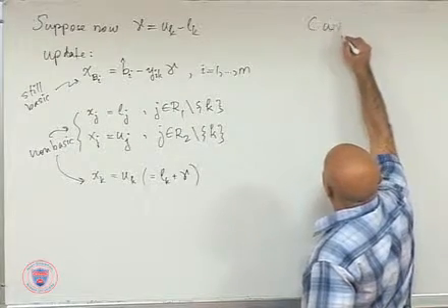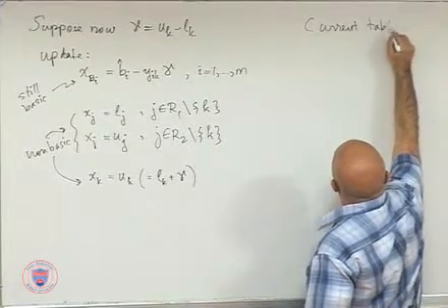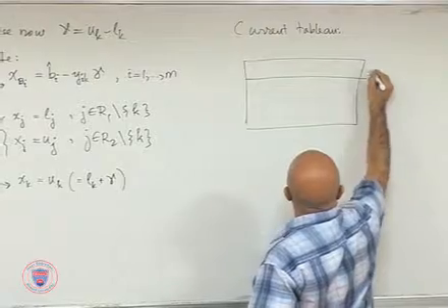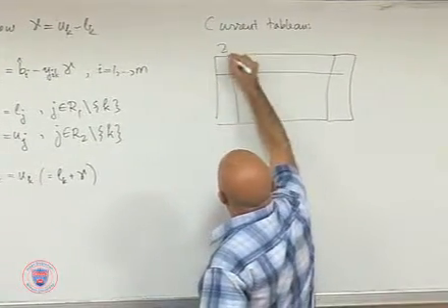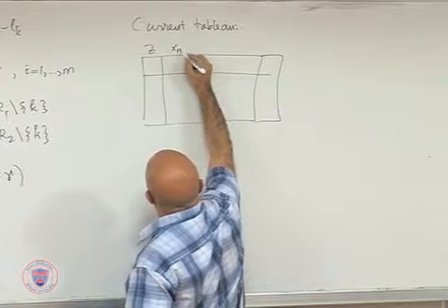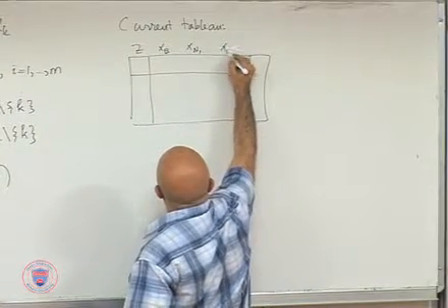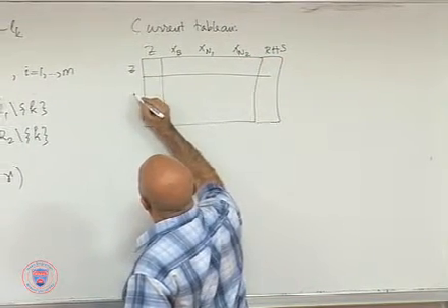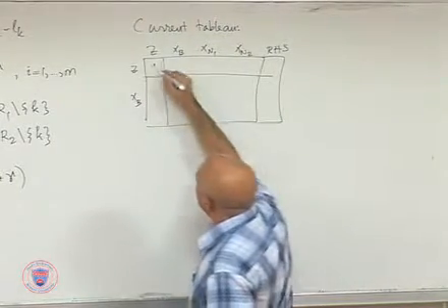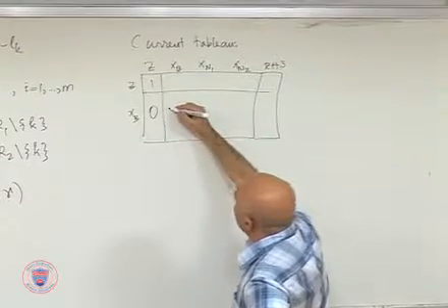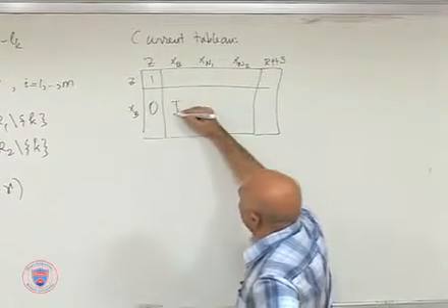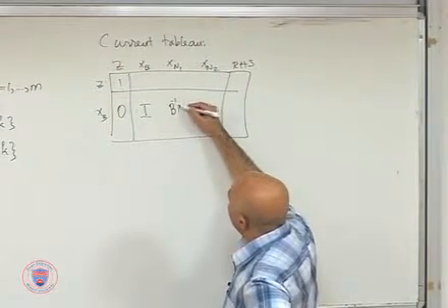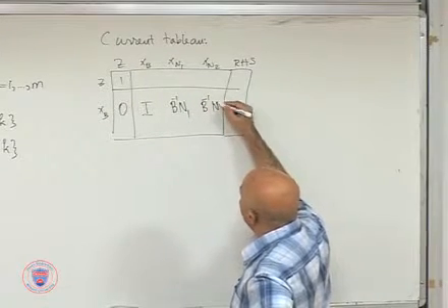How does that reflect into the tableaus? The current tableau for basis B has the following information. You have identity for xB. You have B inverse N1 here, B inverse N2 here.